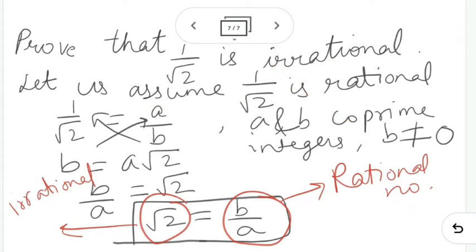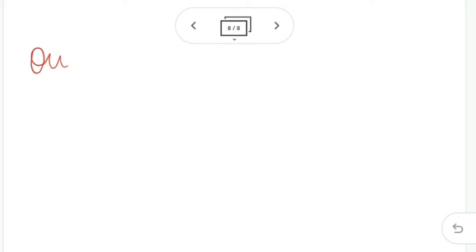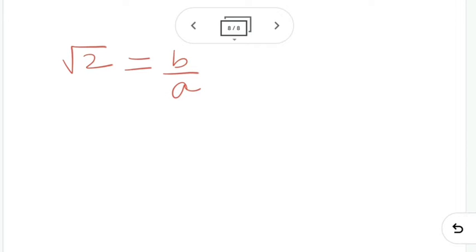Our assumption is wrong. So again we will write the same steps. First we can write this contradicts the fact. Which statement? Let's write that statement once again. We got this step at the end, that root 2 equals b upon a. So we will write this contradicts the fact.